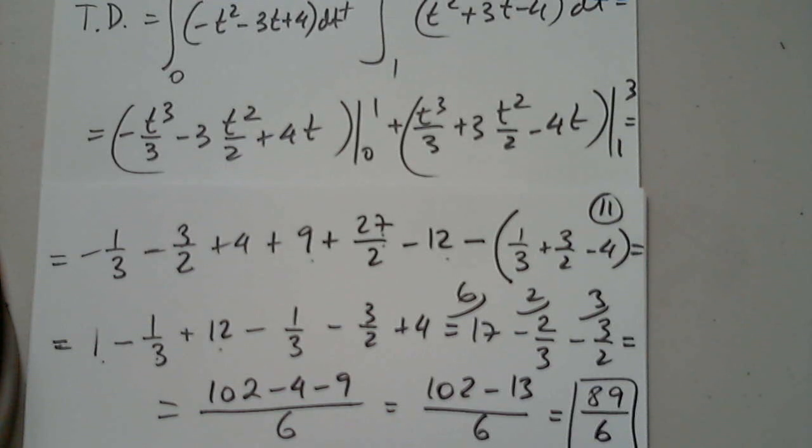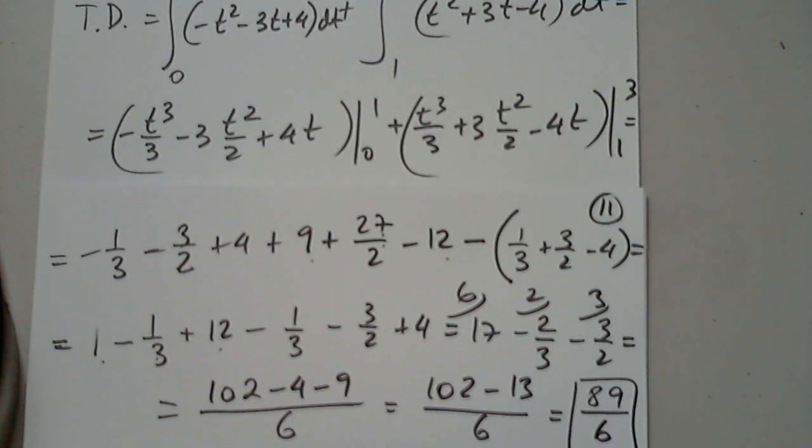And then we had the integral from 0 to 1 of negative x squared minus 3x plus 4, of course dx, as if you can put in there dy or z or something.